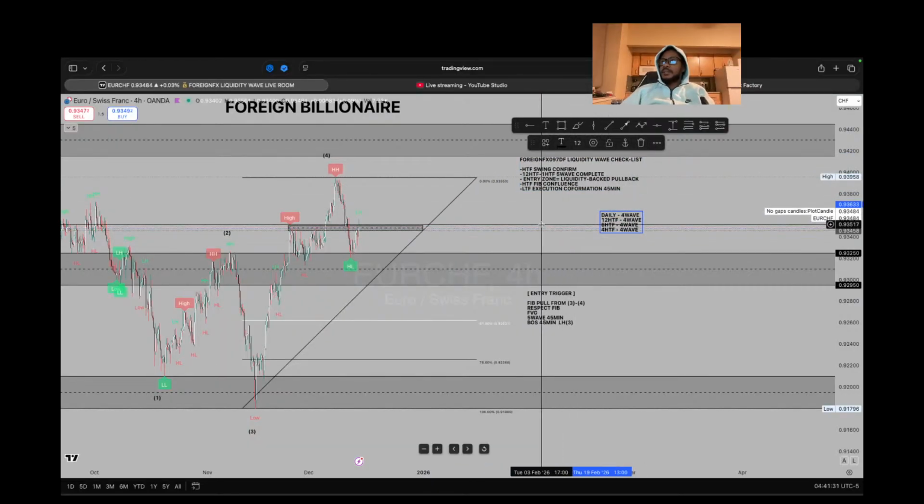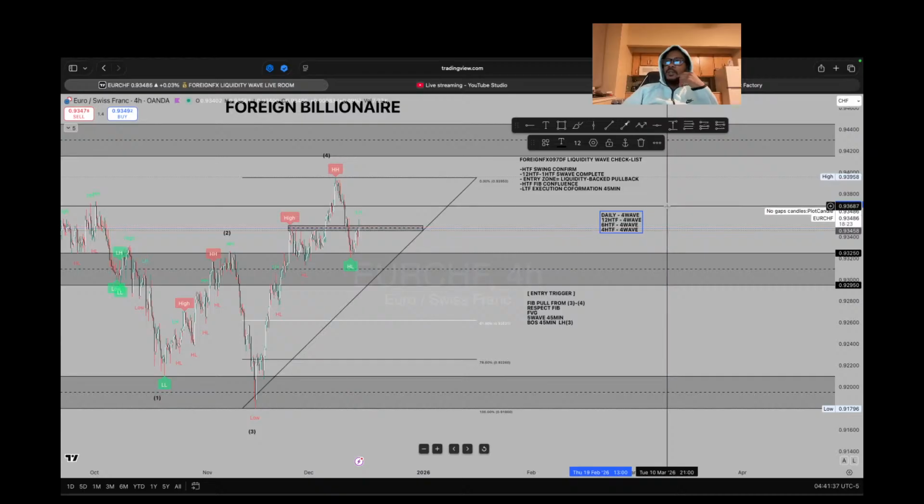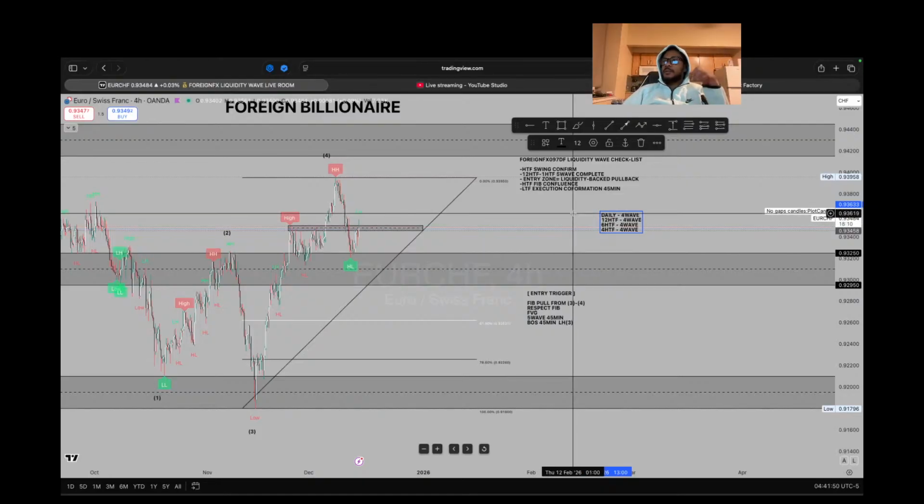Alright, so Forex, liquidity wave checklist. Higher time frame swing confirmation, 12 hour to 1 hour 5 wave complete. Entry zone, liquidity pullback, higher time frame fib confluence, lower time frame for execution.